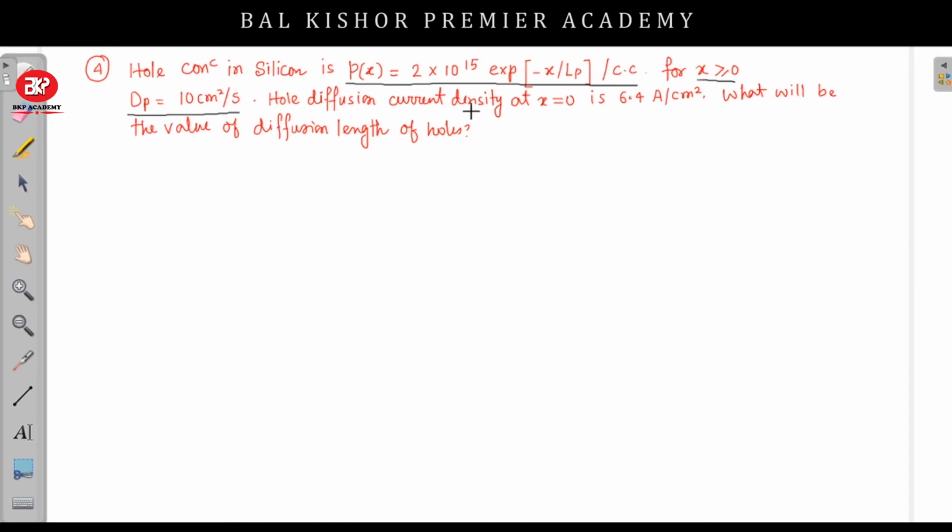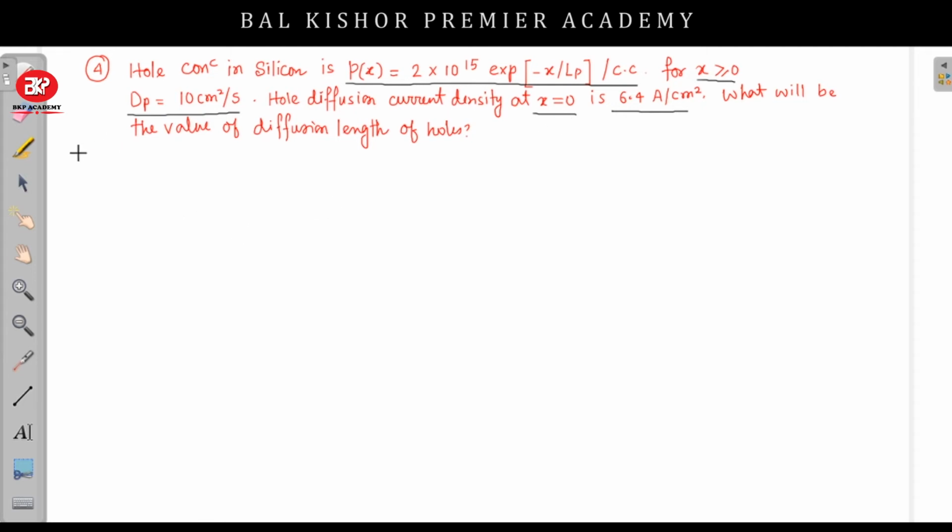The hole diffusion current density at x equals 0 is also given as 6.4 ampere per centimeter square. So what will be the value of the diffusion length of the holes? We have to find the diffusion length of the holes.